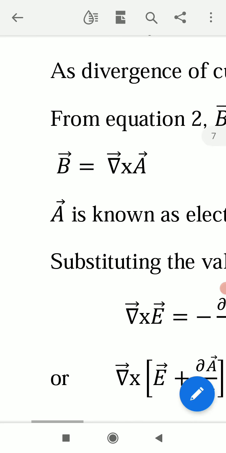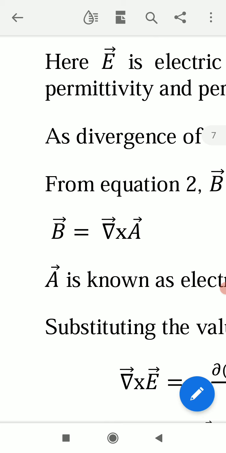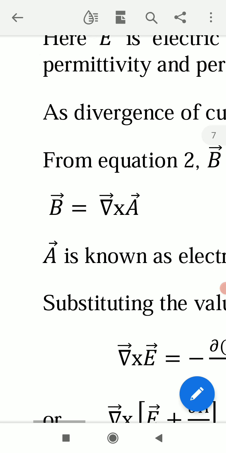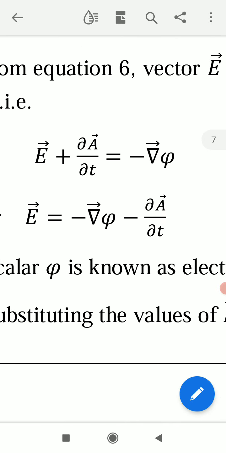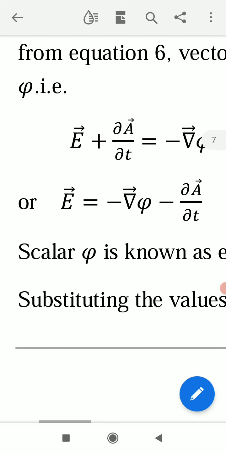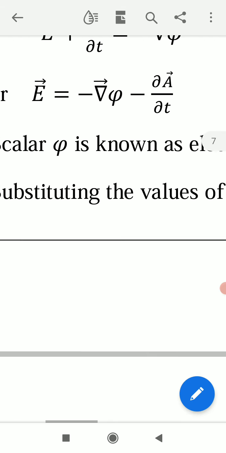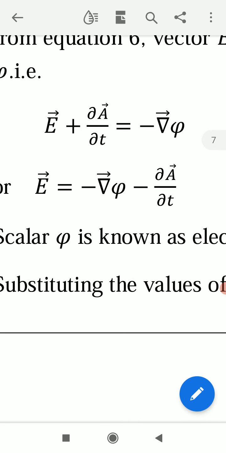And A vector is the electromagnetic vector potential, B equal to del cross A. Here A is electromagnetic vector potential, related with B vector, and in this expression A vector and phi both are related to E vector, the electric field. So these are the definitions of A vector and phi. A vector is electromagnetic vector potential, phi is electromagnetic scalar potential.